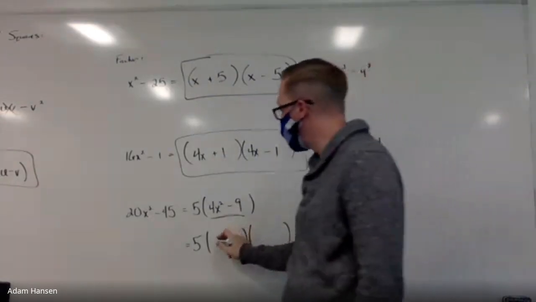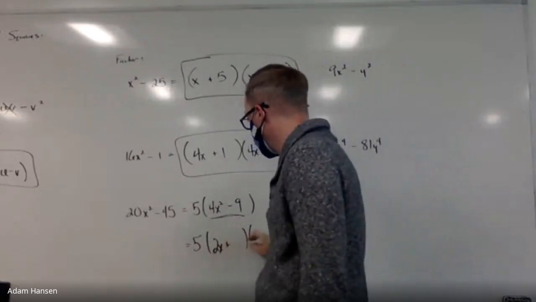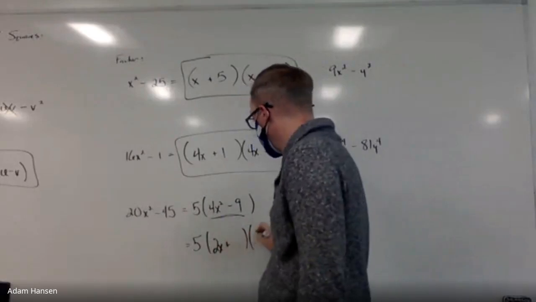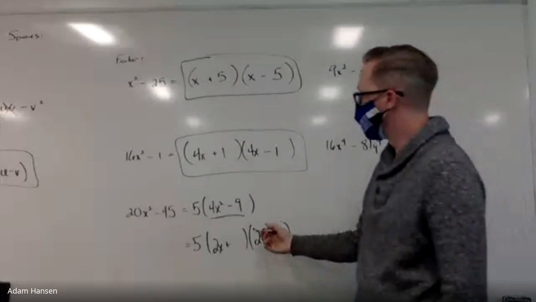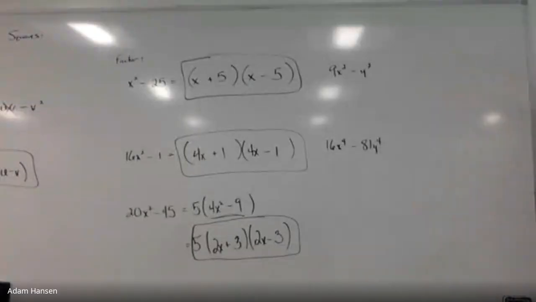I'm going to put a 2x plus and a 2x minus. Now is it fully factored? 5 times quantity 2x plus 3, quantity 2x minus 3. The difference there is that you have to factor out a 5 first. There's a GCF that you need to divide out.